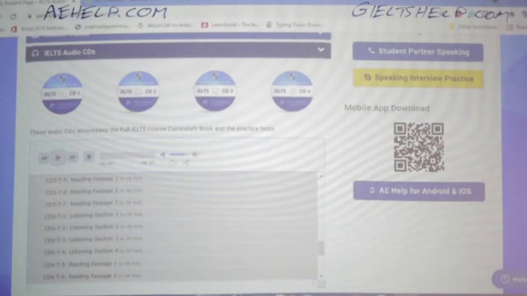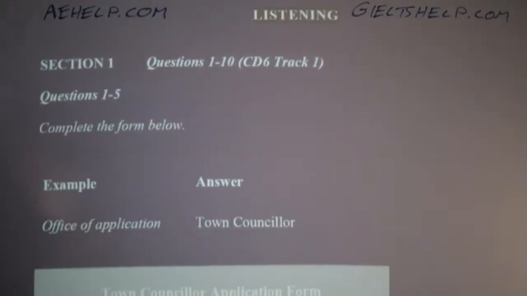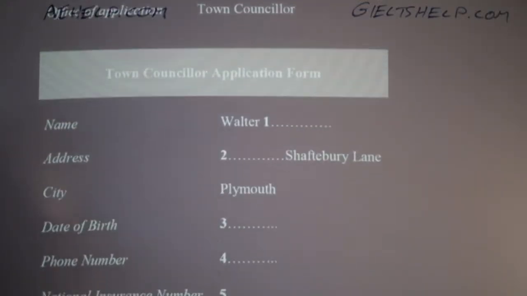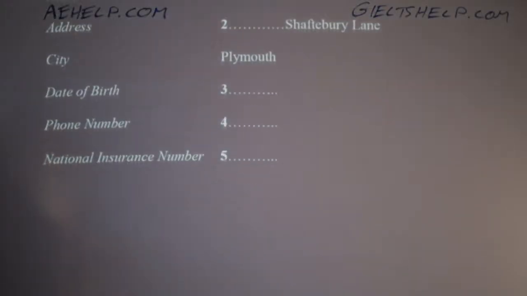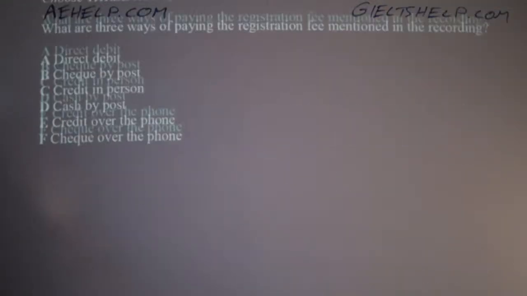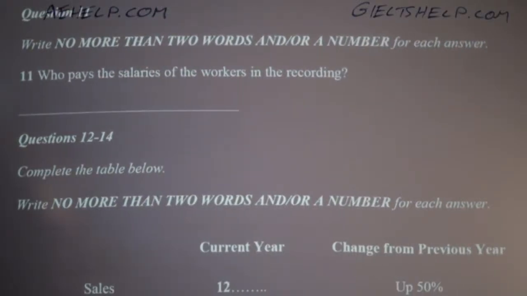Here we go. This recording is copyrighted by 2Think1 Solutions Inc. and World ESL Tutors. You will hear several different recordings, and you will answer questions on what you hear. There will be time given to read the instructions and questions, and you will be given a chance to check your work. The recordings will be played only once.